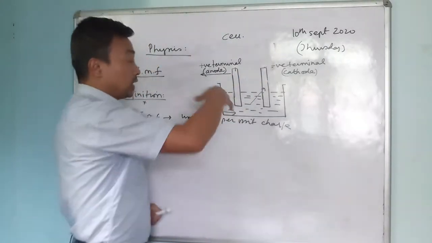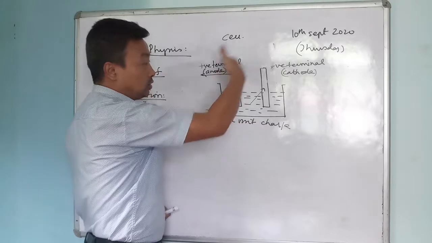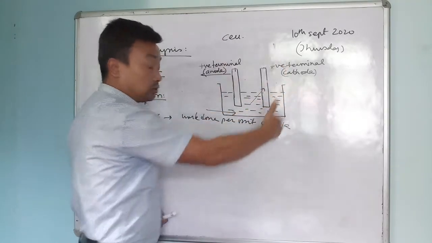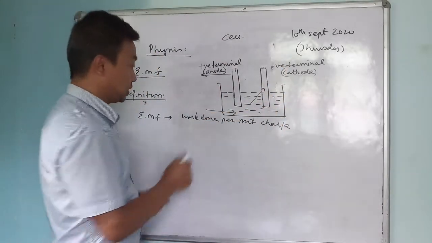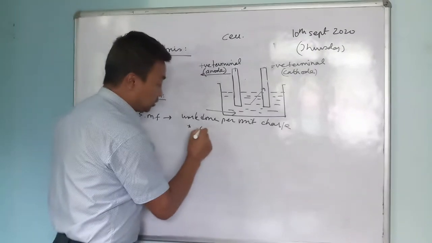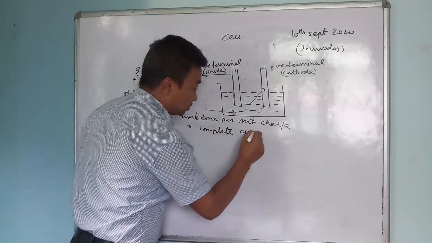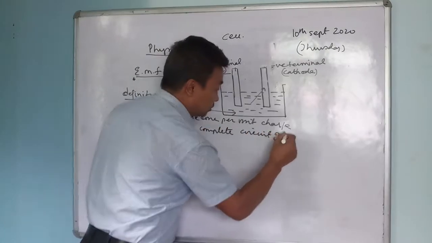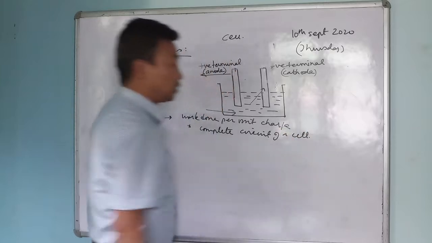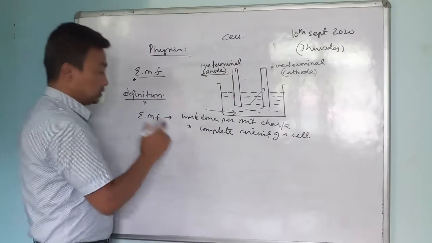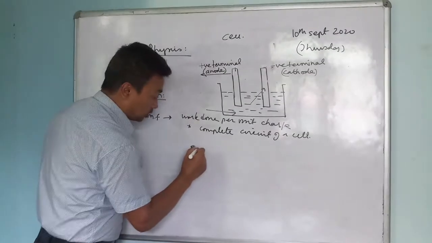So when the work is done in carrying the charge across the complete circuit of the cell, that is the key point here. Whatever work is done, that is the EMF.